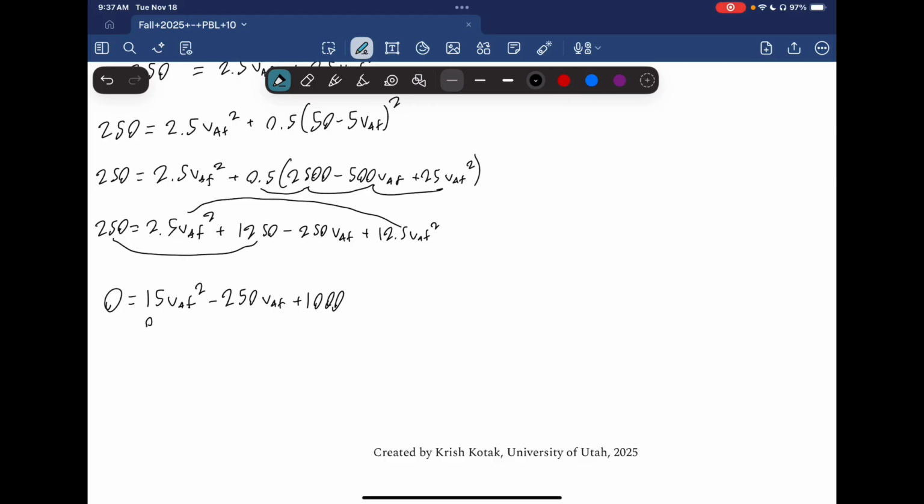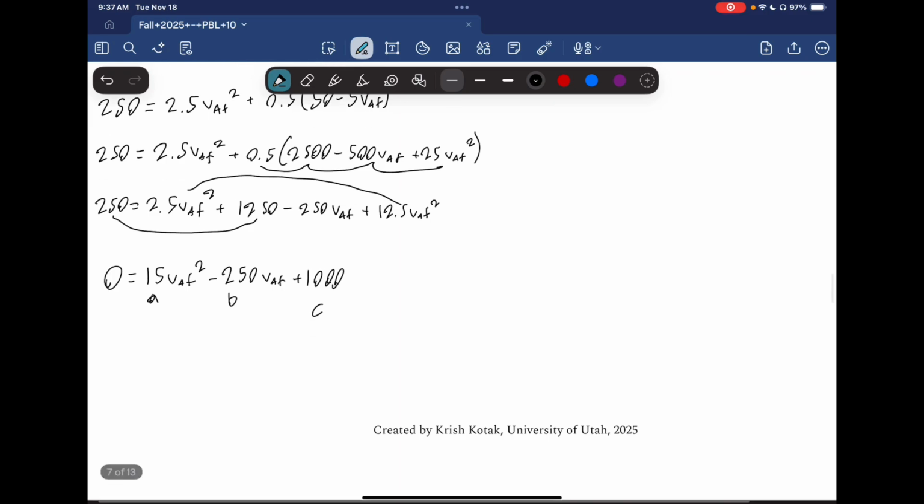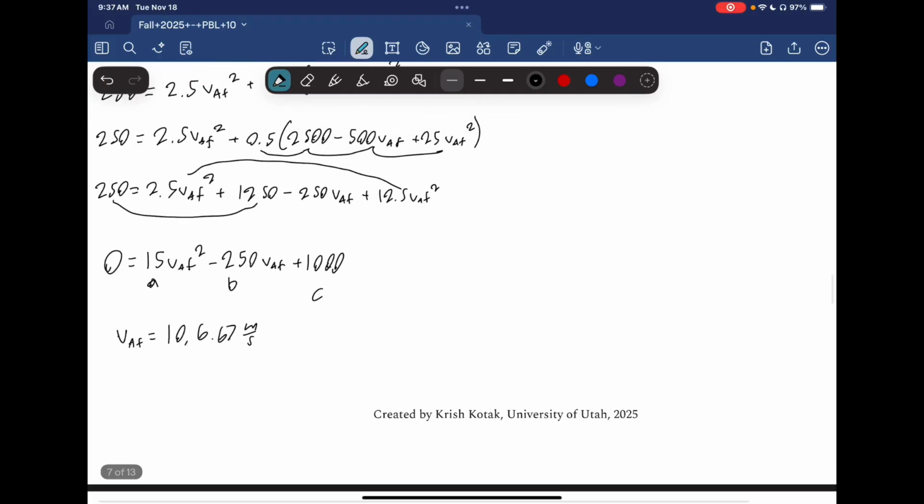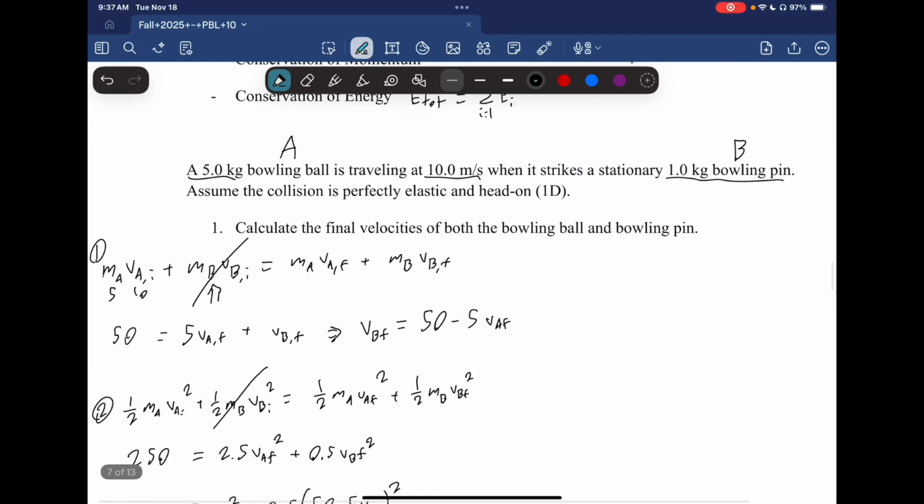And then this is just a quadratic equation with 15 as our A, negative 250 is our B, and 1000 is our C. If you plug that into the quadratic equation, you get two answers. You get that VAF equals 10 and 6.67 meters per second. So how do we know which one of these is right?